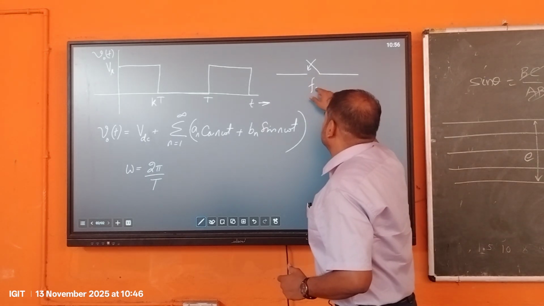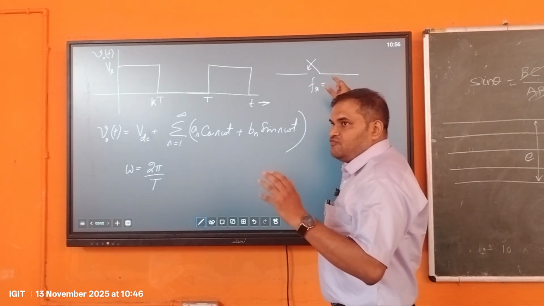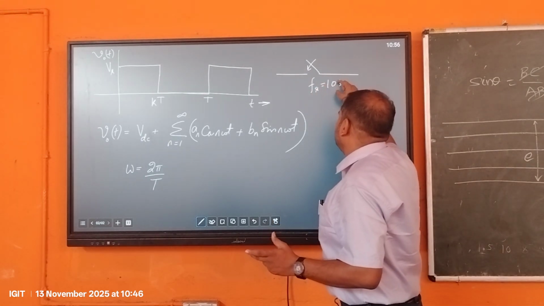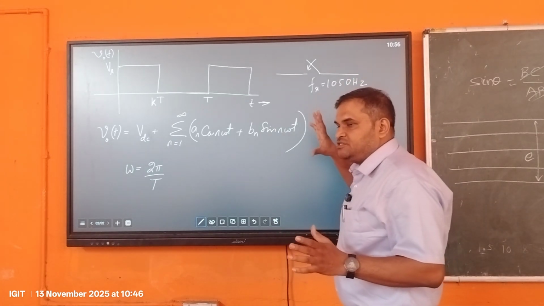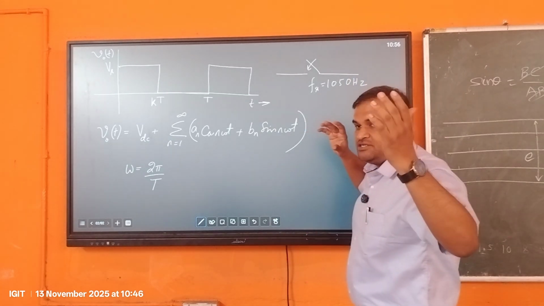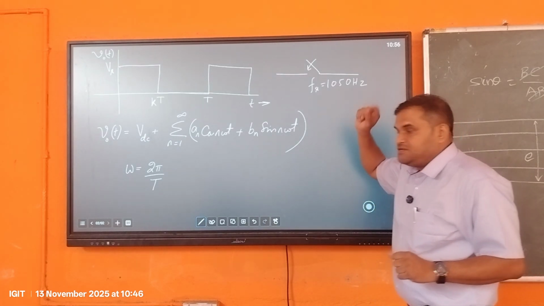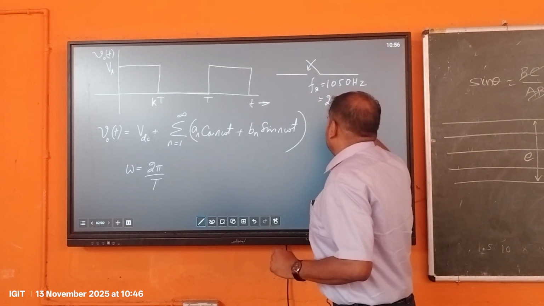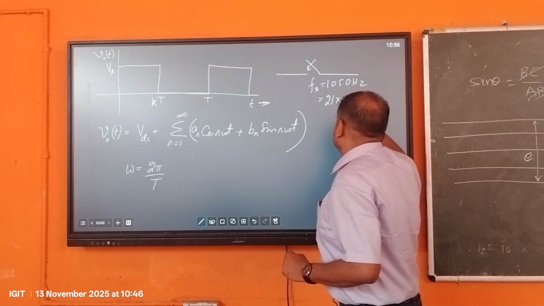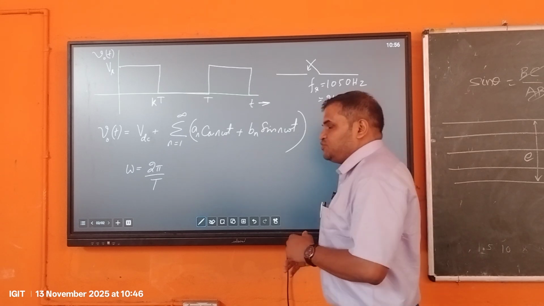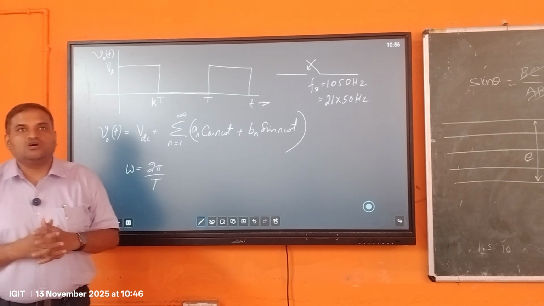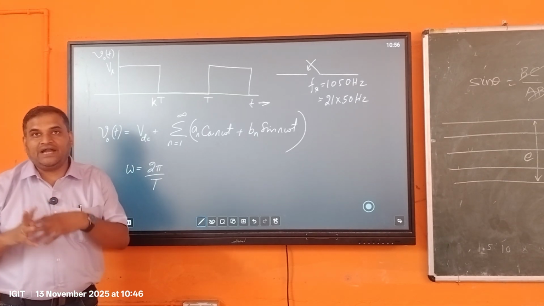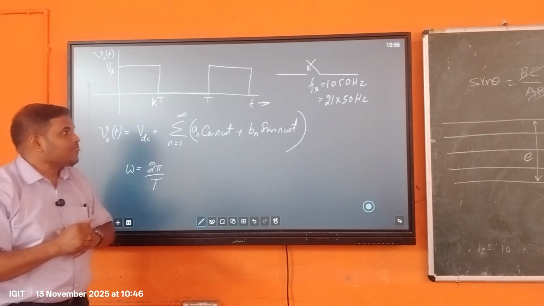So Fs is usually 1050 hertz, that means in 1 second it is switching on and off at that speed, and this is nothing but 21 times of the 50 hertz. So we are switching at 21 times of the 50 hertz or 1000 hertz or 10,000 hertz. In that range, you are thinking of switching.